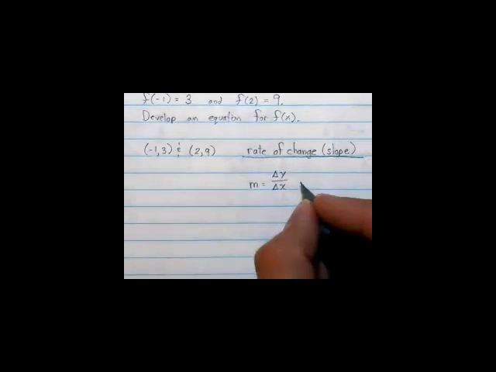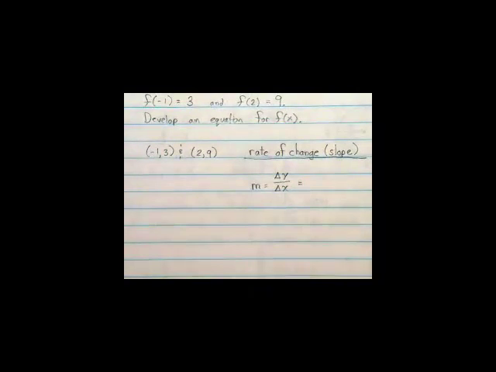Okay. So a couple different ways you can think about this. You can go through and subtract the two numbers. 9 minus 3 would be the difference in the y. 2 minus negative 1 would be the difference in the x. I tend to just look at the 2 points and think about counting from one to the other. So my change in y, if I start at 3 and I end up at 9, what's the change? 6.